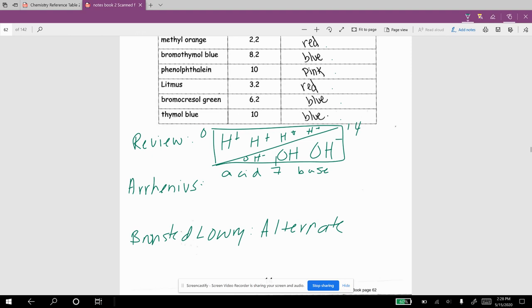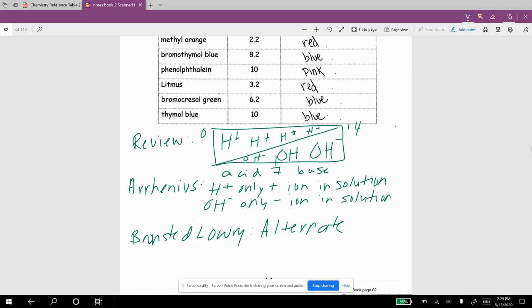The Arrhenius theory is based on the H+ being the only positive ion in solution, and the OH- being the only negative ion in solution.